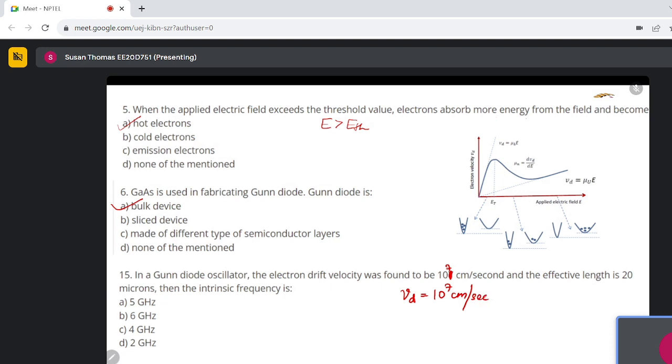And the effective length, L, is 20 micrometers. What is the intrinsic frequency? Can you calculate? Try calculating this.